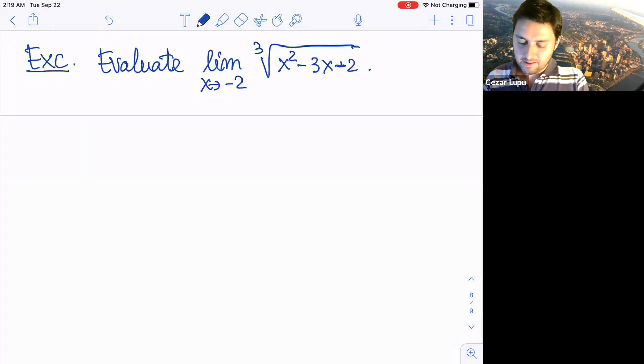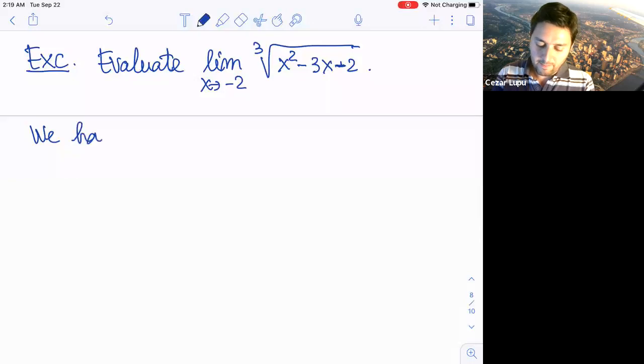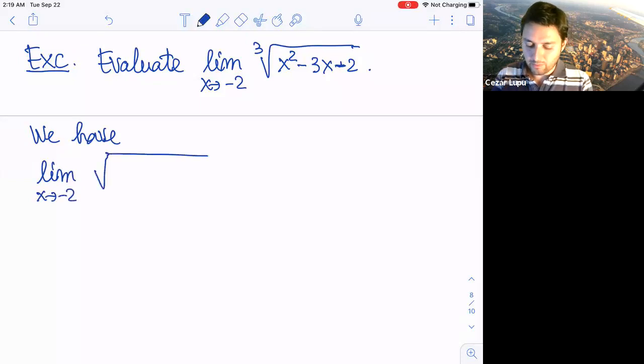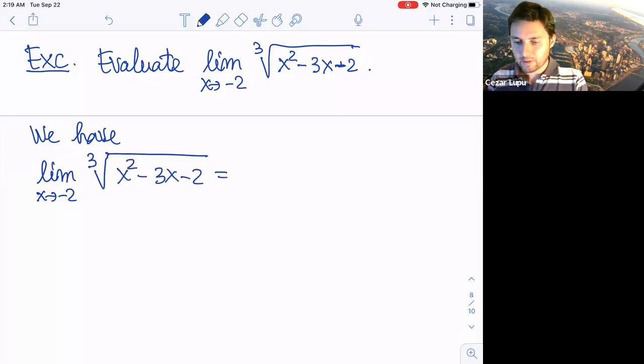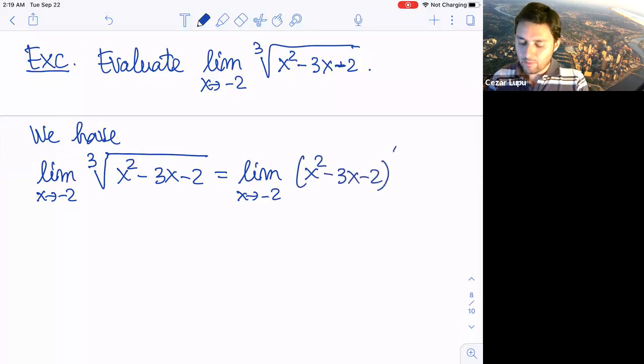The limit as x approaches -2 of the cube root of x squared minus 3x minus 2 will be nothing else than the limit as x approaches -2 of x squared minus 3x minus 2, everything to the power 1 over 3.